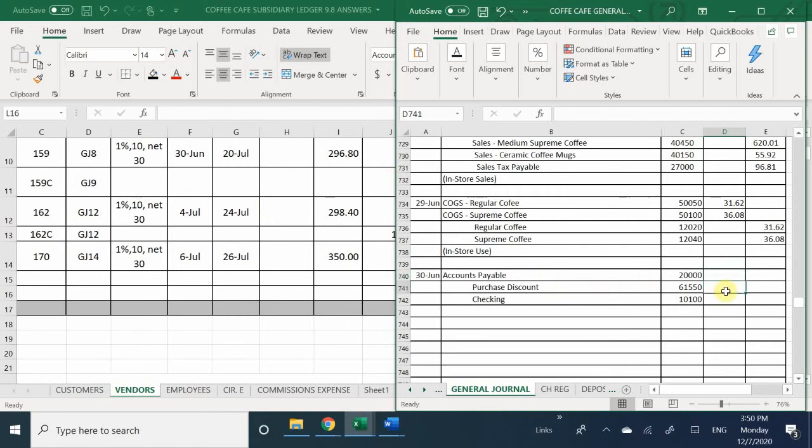Purchase discount is for $1.87. That is the 481.09. And that makes for the 482.96 in the accounts payable column.